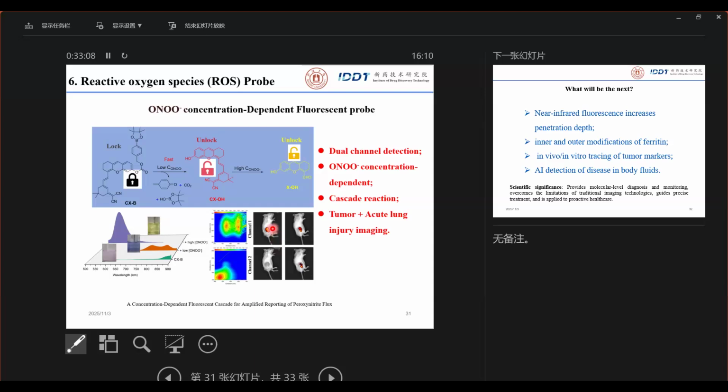The in vivo experiment also proved this phenomenon. It's a kind of cascade reaction with different concentrations of ROS. So this is a dual-channel technique, and it has already been submitted, and we will get the feedback soon, I think.